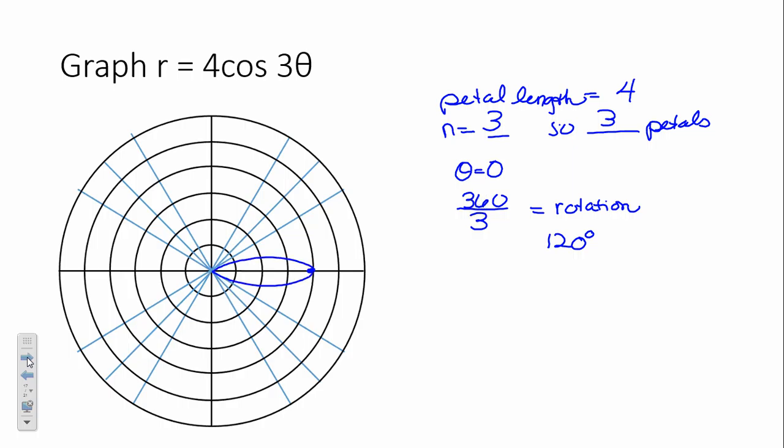Then rotate 120 degrees. And you should have something that looks like that.